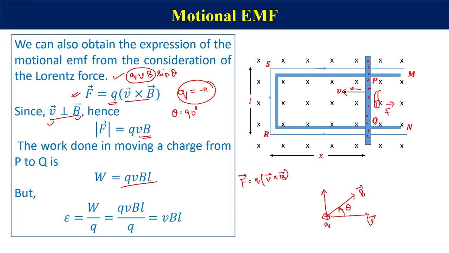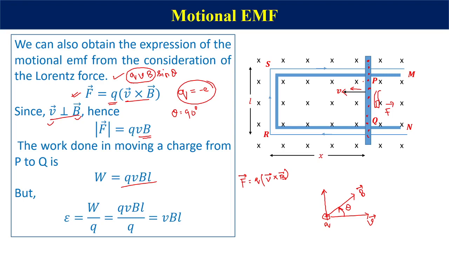That is the direction of the force being applied. Q into V cross B gives the Lorentz force. What is the direction of that force? The direction of the force is from P to Q. Because of this force, the free electrons will drift lengthwise along PQ.